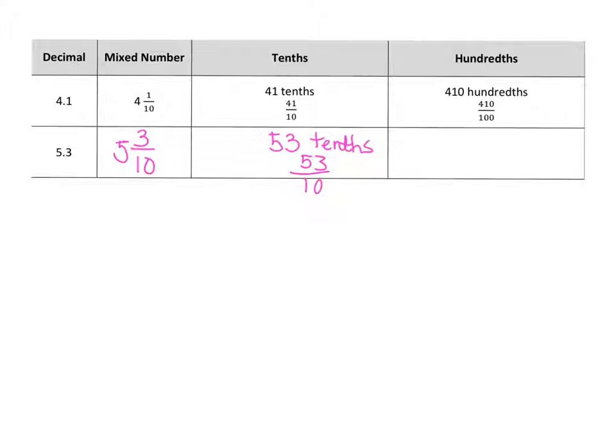All right, but now we're going over to the hundredths. What is it going to look like? Well, every time we move it over, we are multiplying by 10 to get this next place. So once we do that, we are multiplying 53 times 10, which would be 530 hundredths. And that looks like 530 over 100. Every time we move it, we're multiplying by 10.